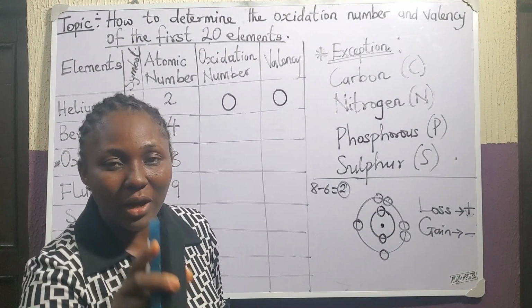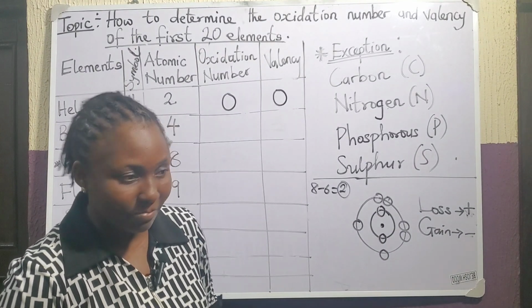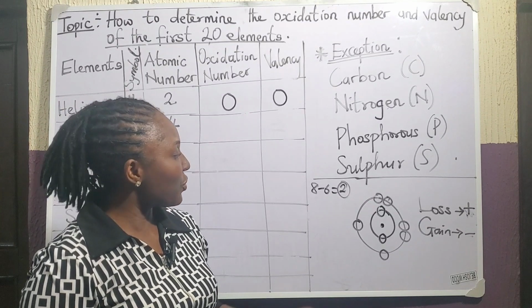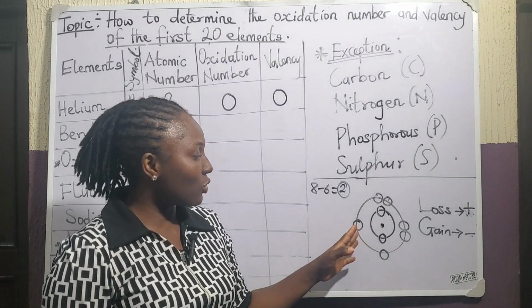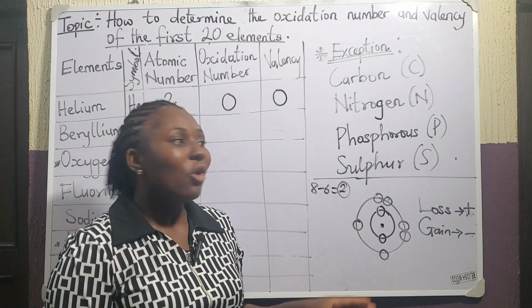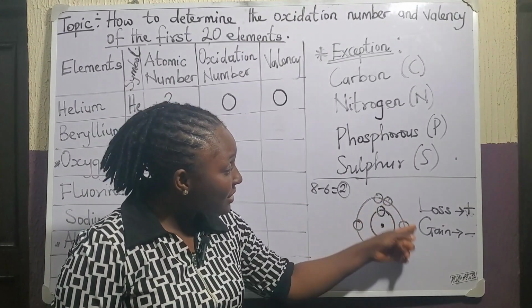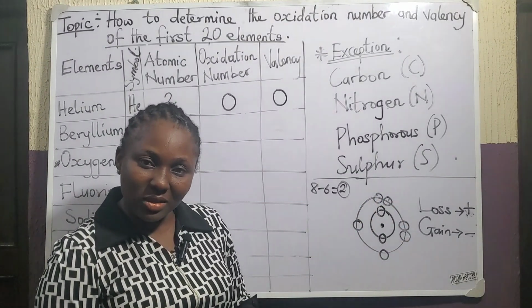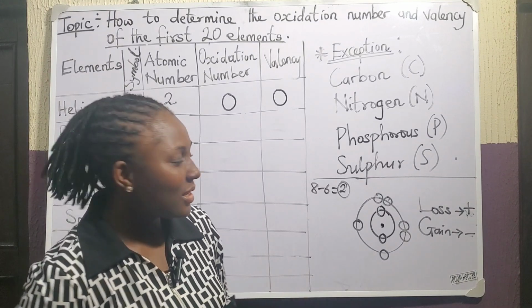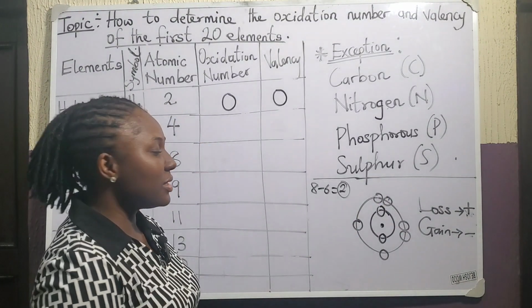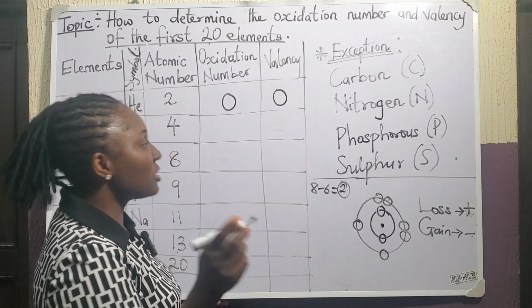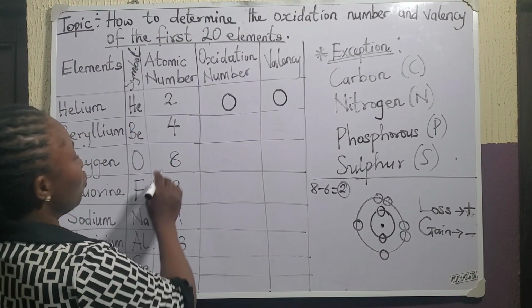Now, if you are an oxygen atom, which is easier for you, to gain 2 electrons and obtain the octet structure, or to lose these 6 electrons? Certainly, it is easier to gain. For that reason, the valency of oxygen is 2.